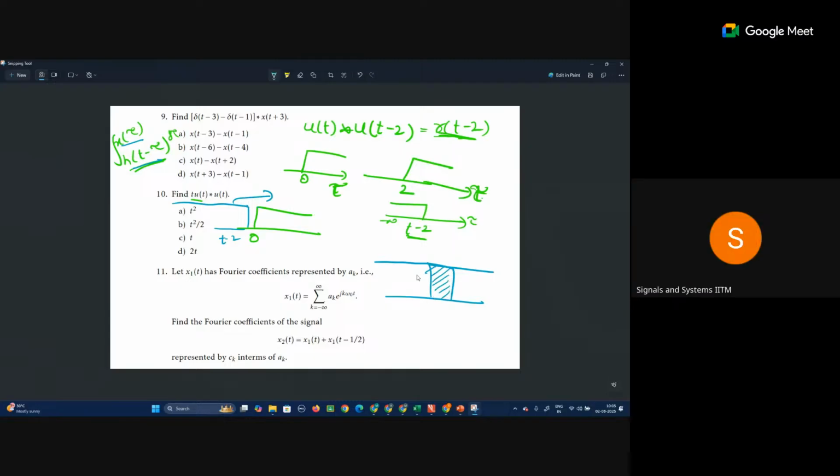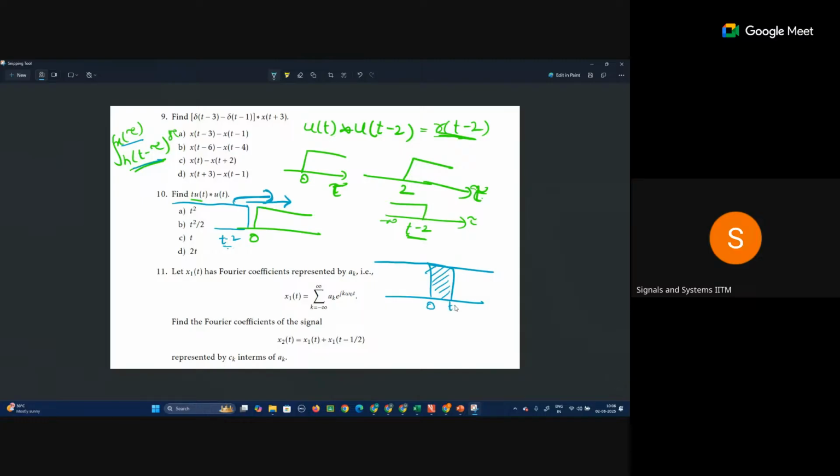So once this gets shifted, it will be moving in terms of time, right? So this will be moving like this. When it starts from t minus 2, from 0, this is 0 and it is 10.